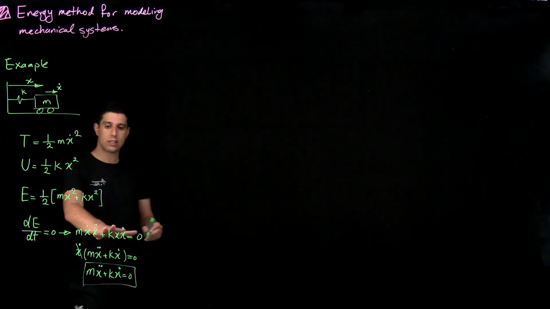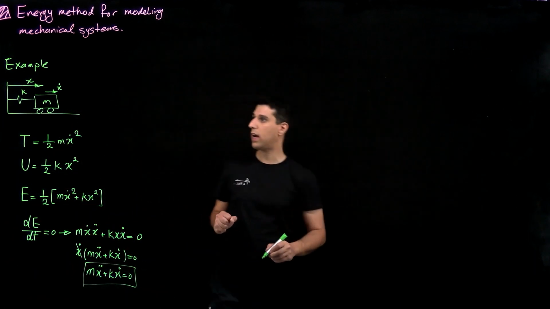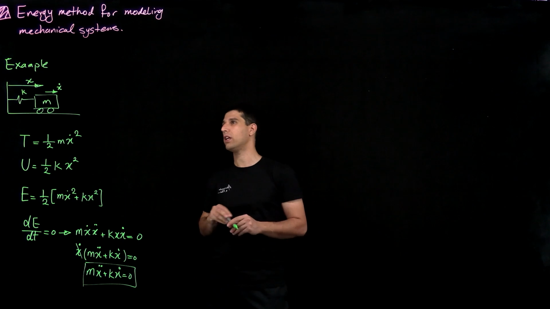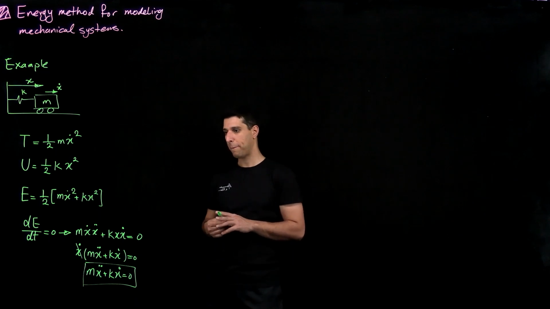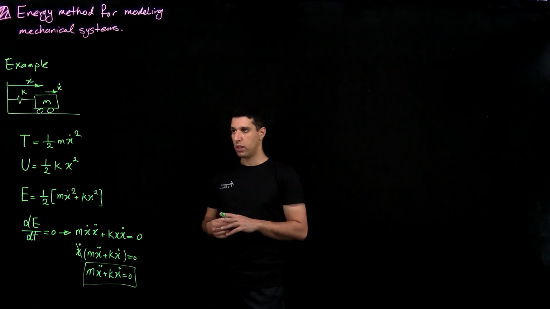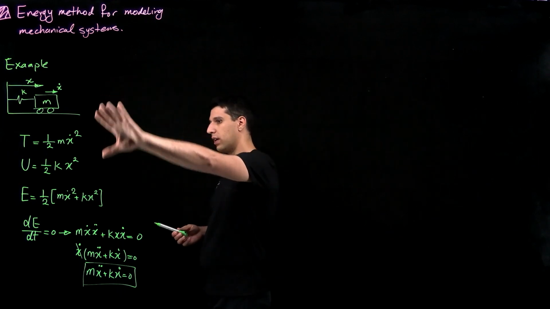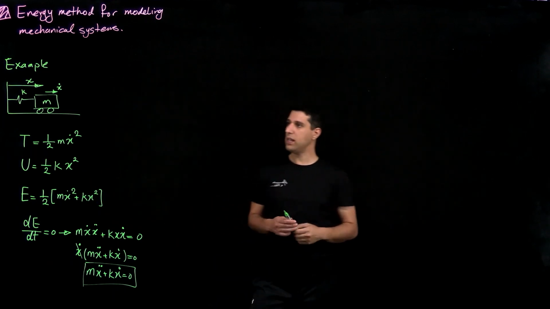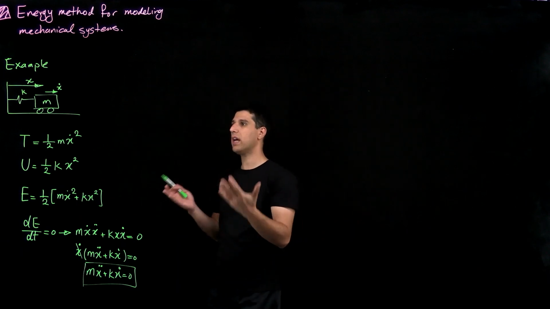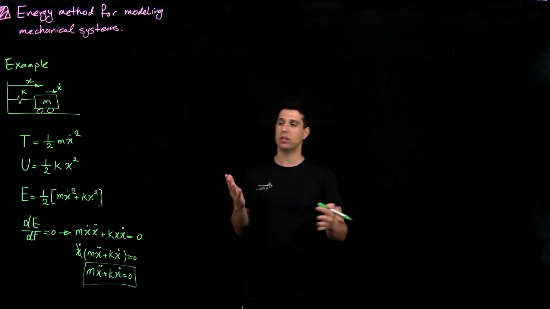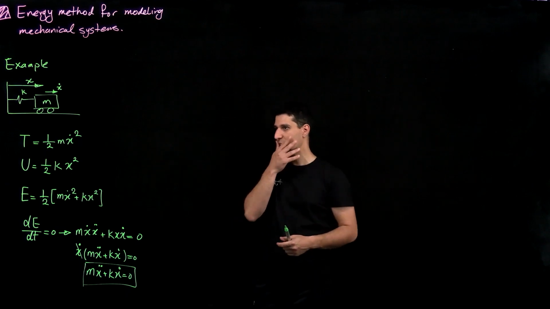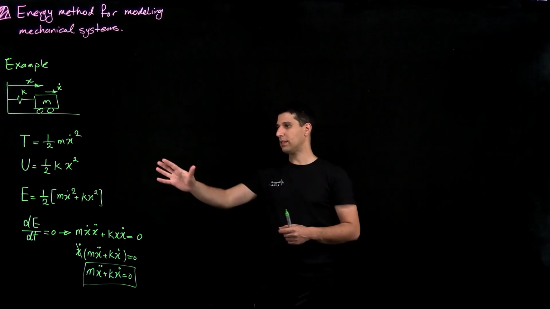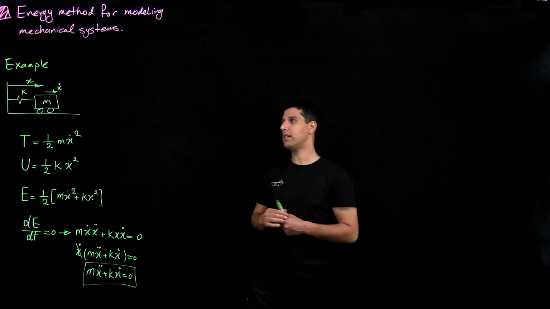And this is the same equation that we had derived before, maybe two lectures ago, or last lecture too. So you see, it was maybe a little easier because we didn't have to worry too much about the direction of force. Is it positive? Is it negative?